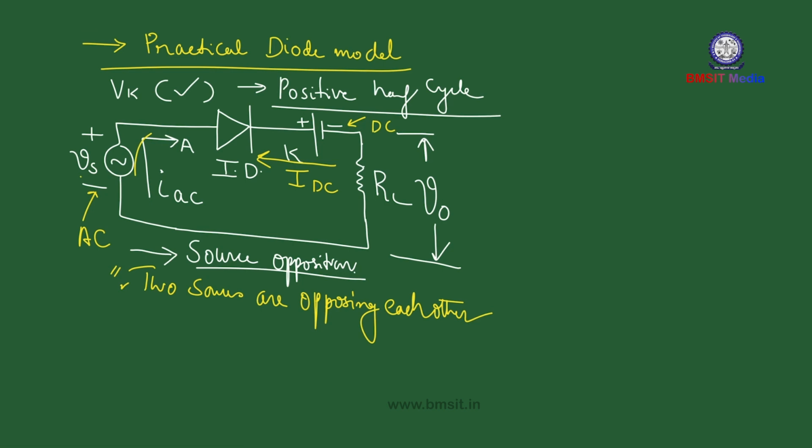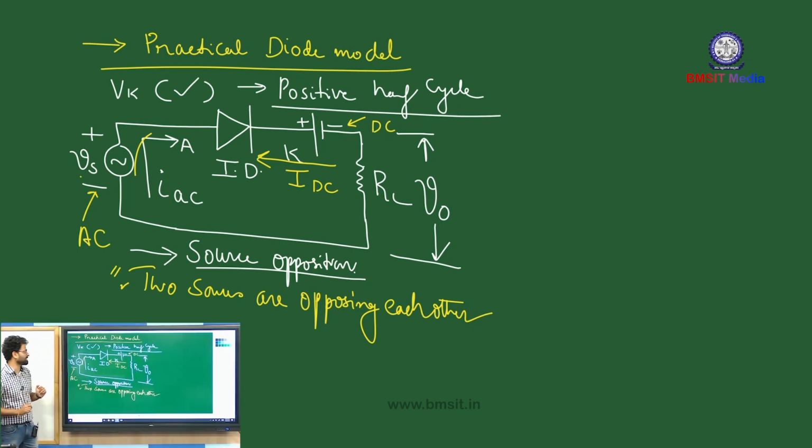Now, in order to understand the source domination, you have to understand that the magnitude of Vk is fixed: 0.7 volt for silicon, 0.3 volt for germanium. On the other hand, the magnitude of Vs is not fixed because Vs is a sinusoidal source.